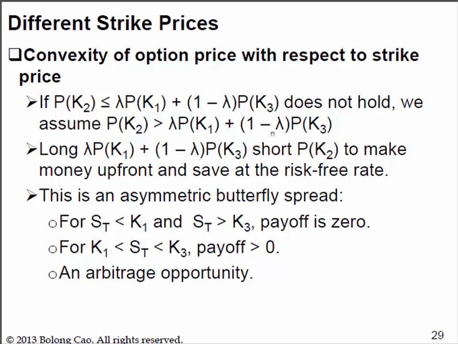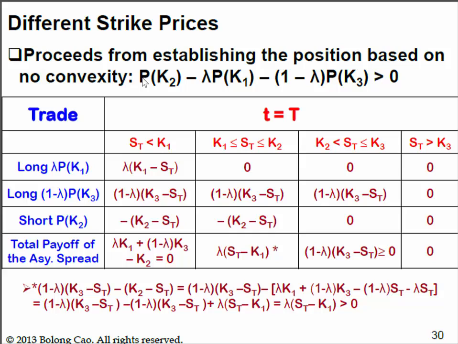That's something we have known, and we can still use our technique from before to think about what we have here. This is still a good exercise. What we have here, we short the middle strike put.